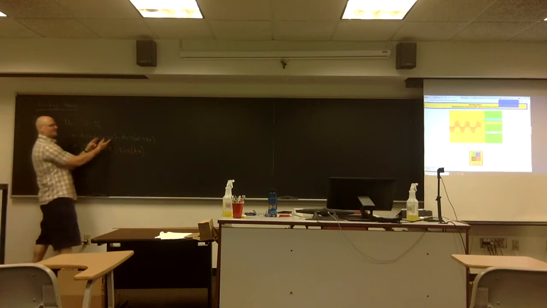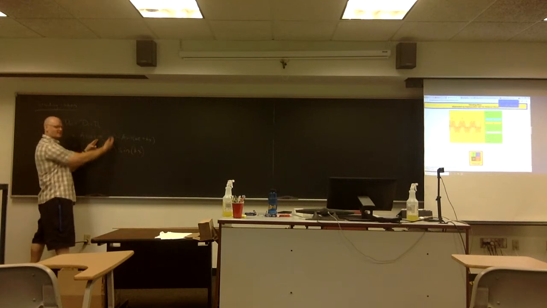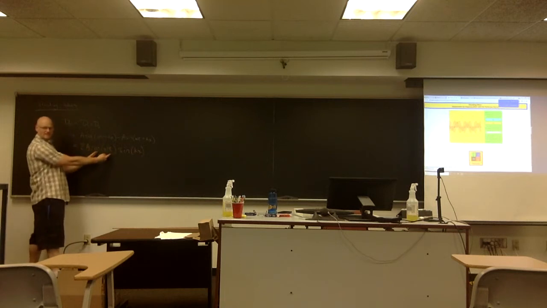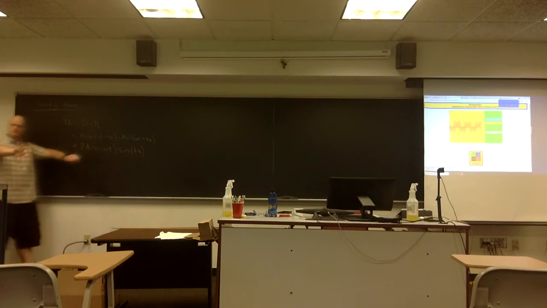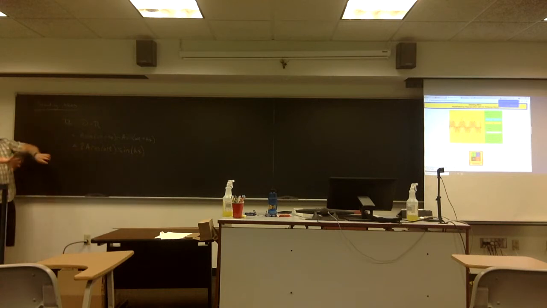Because in the traveling wave, the time and the space are mixed together inside of the same trig term. As opposed to here, when it becomes a standing wave, the time and the position split off into two different trig terms, which causes it to not be a traveling wave anymore.